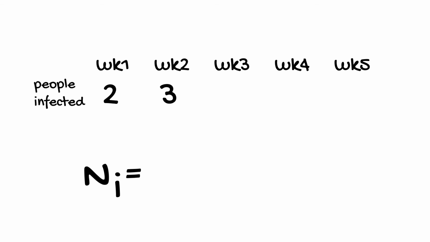Now how are we going to do for the 3rd week? So 3 people will infect another 1.5 persons, but there's really no such thing as 4.5 persons. So we would have to modify our approach a small bit.